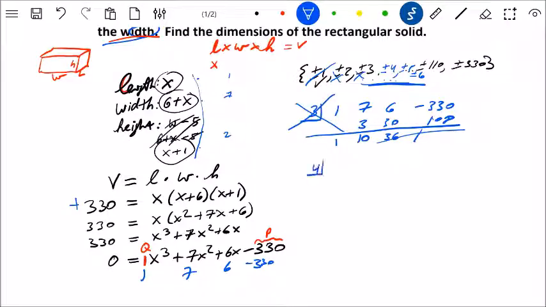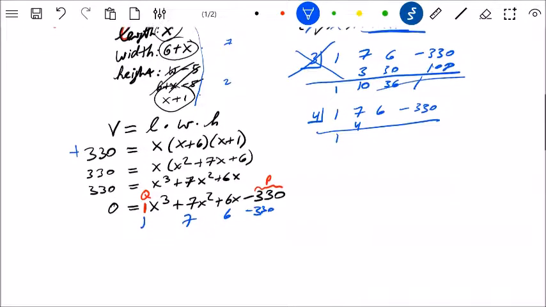So let's do it with 4. 1, 7, 6, negative 330. 1, that's 4. That's 11. 44. That's 50. 50 times 4, that's 200. I'm getting a little closer here. Okay, that gives me negative 130, but that still doesn't matter.